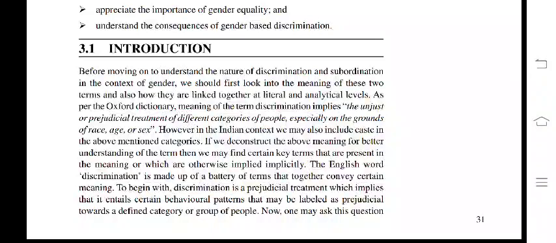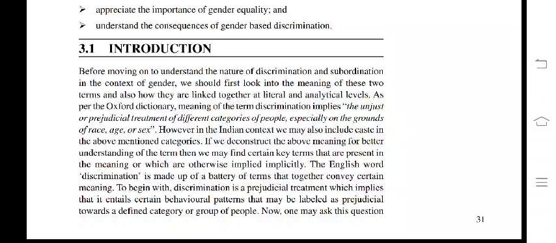If we deconstruct the above meaning for better understanding of the term, then we may find certain key terms that are present in the meaning or which are otherwise implied implicitly. The English word discrimination is made up of a battery of terms that together convey certain meaning.